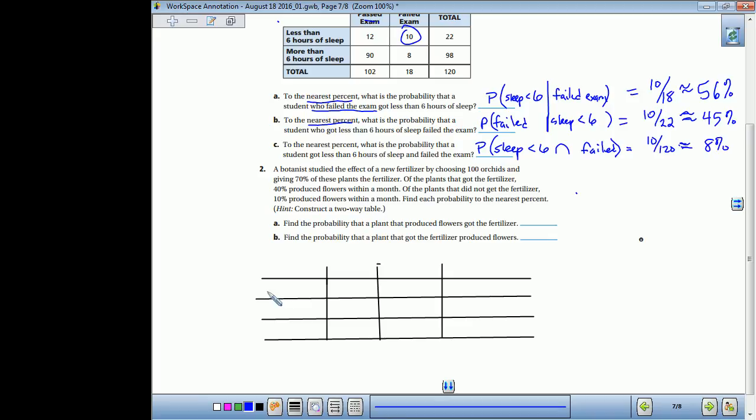Okay, so we have 2 things going on here. What are they? We got flowers and fertilizer. So flowers, and then our other one would be no flowers, and then fertilizer and not fertilizer.